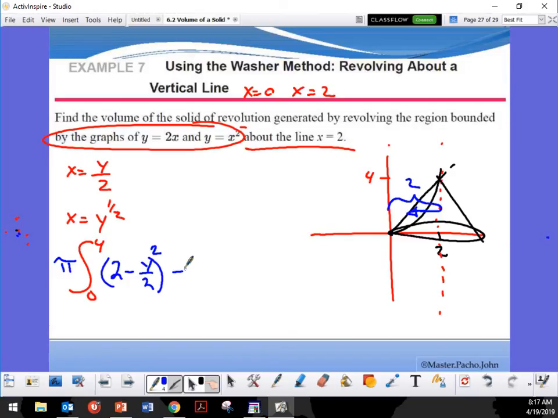It would be the same thing, but to this line in here, 2 minus y to the 1/2, and all this has to be dy.